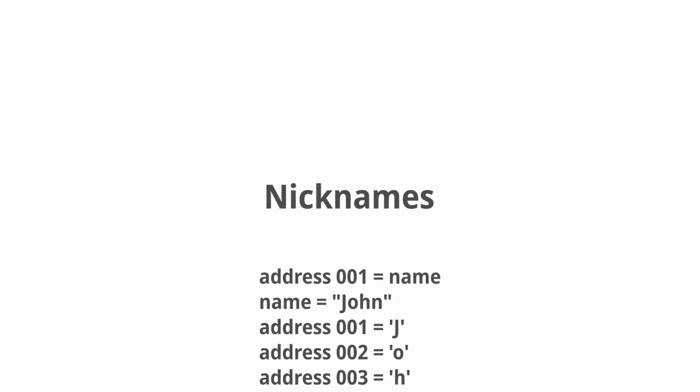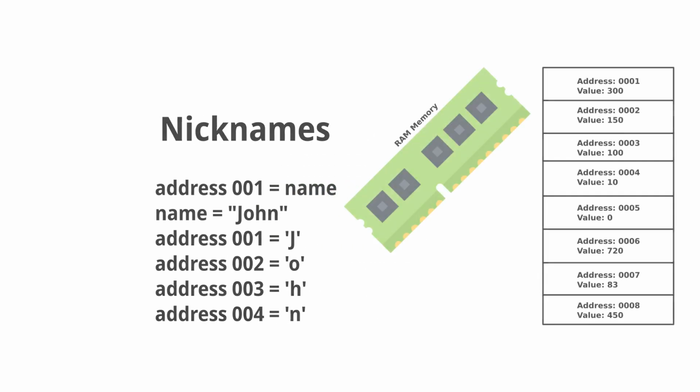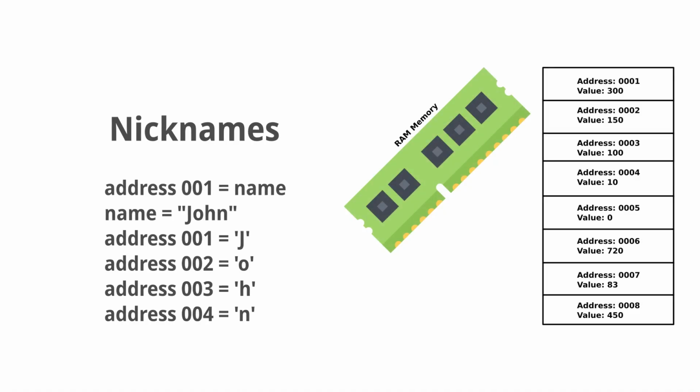Variables are like nicknames we assign to memory locations used by your code. It's much more practical to abstract this information and make your code easier for humans to understand, since it is generally complex.